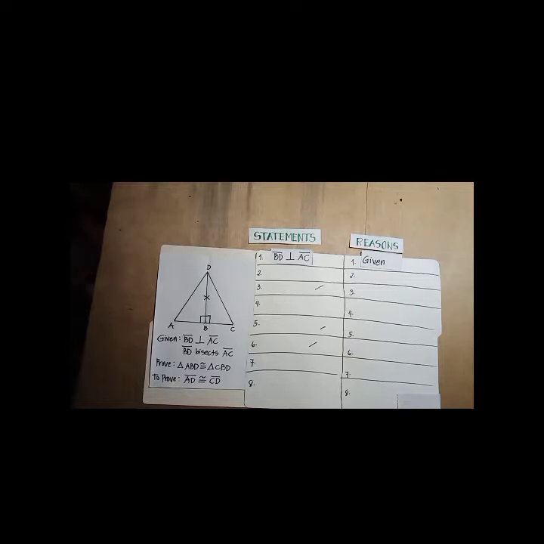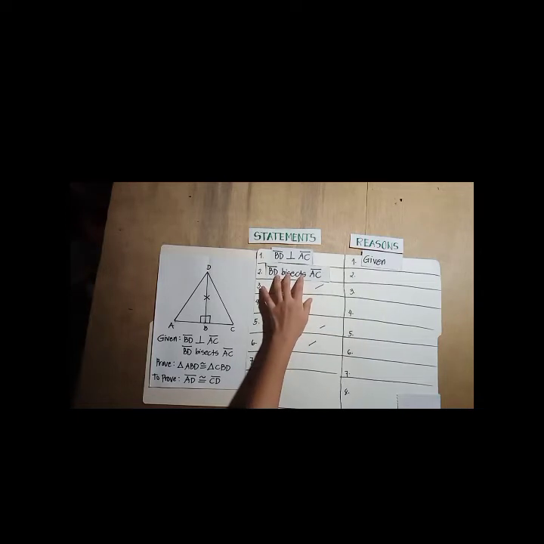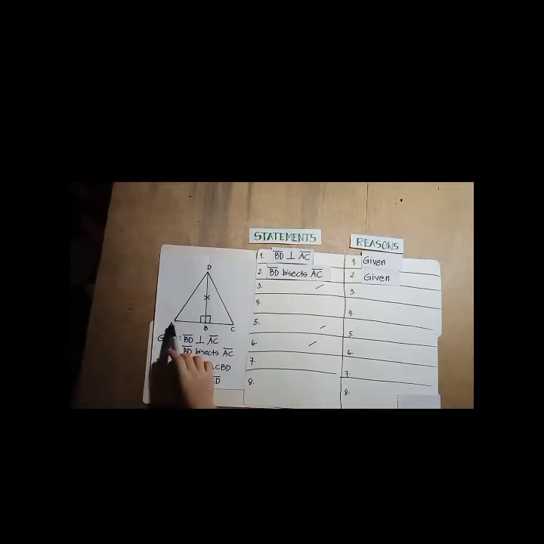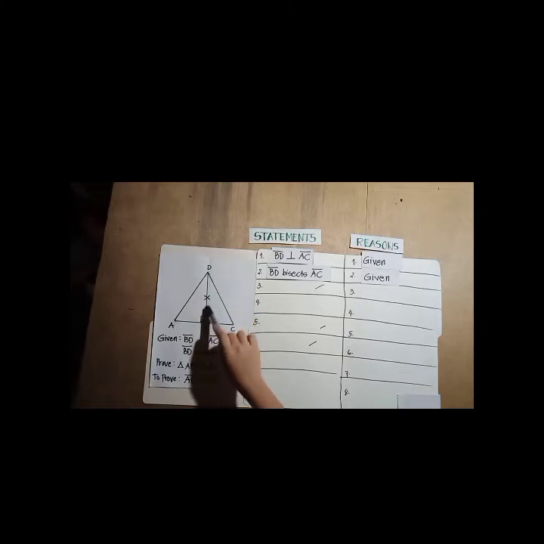I also have another given: the line segment BD bisects line segment AC. Our second statement, and our reason here is again, it is our given. So basically, this base AC is getting cut in half by this vertical line BD.